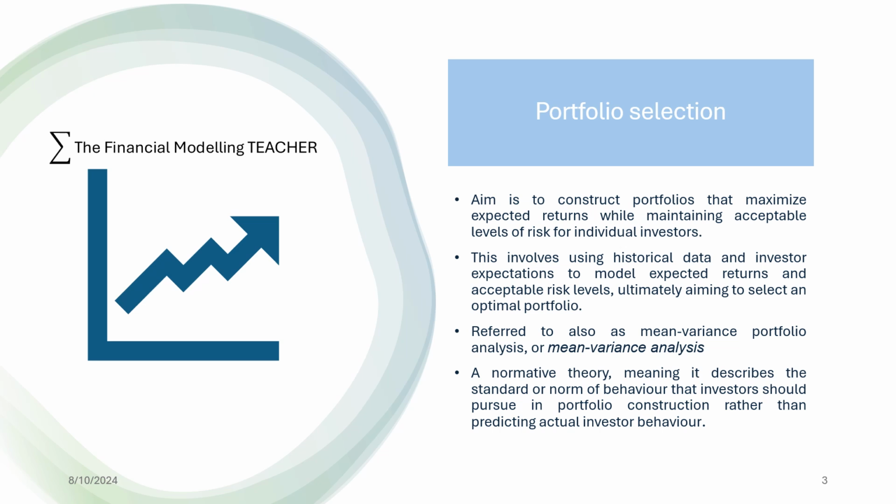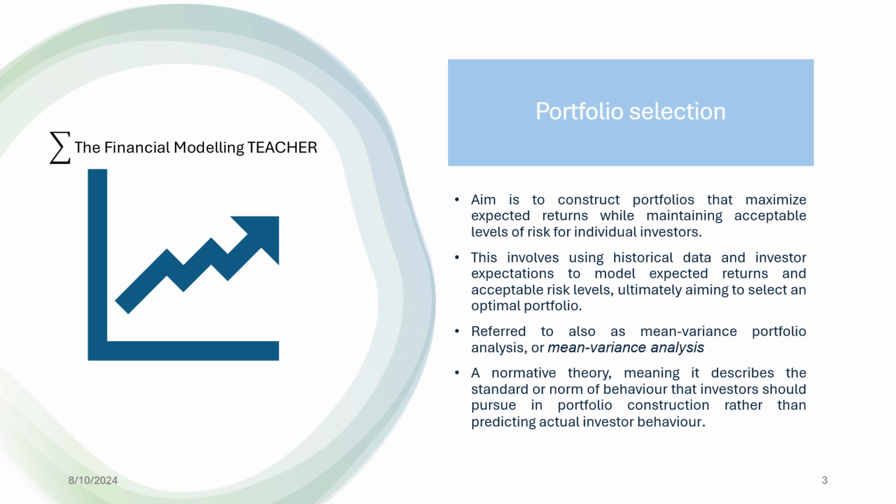Now, defining portfolio selection, we say it aims to construct portfolios that maximize expected returns while maintaining acceptable levels of risk for individual investors. This involves using historical data and investor expectations to model expected returns and acceptable risk levels, ultimately aiming to select an optimal portfolio.